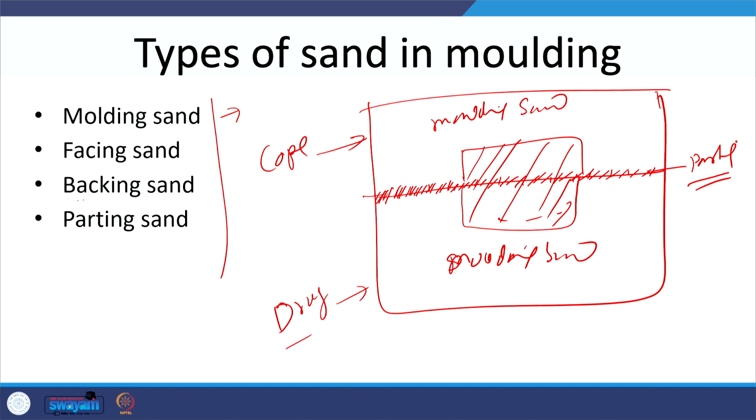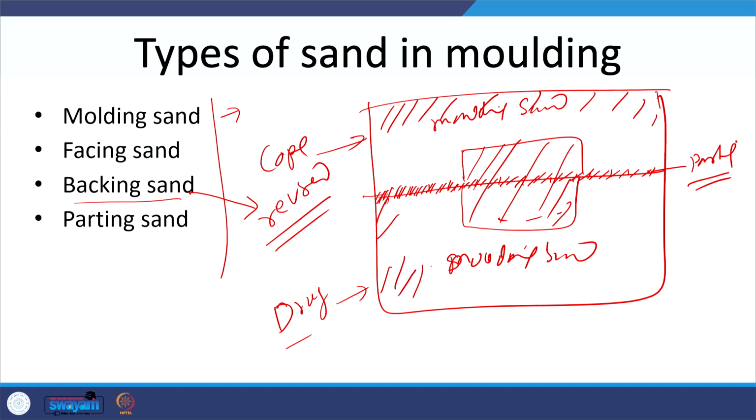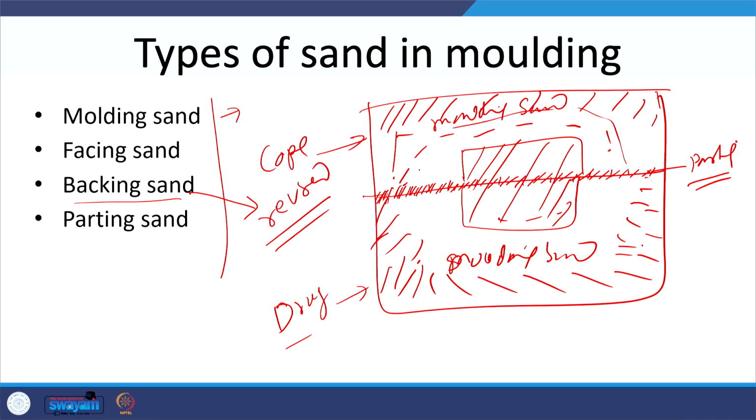Then the backing sand is the old sand which is being reused. The backing sand is placed on the back side because it is not close to the pattern, but near the mold flask's wall. Then we have the molding sand, which plays a major role.